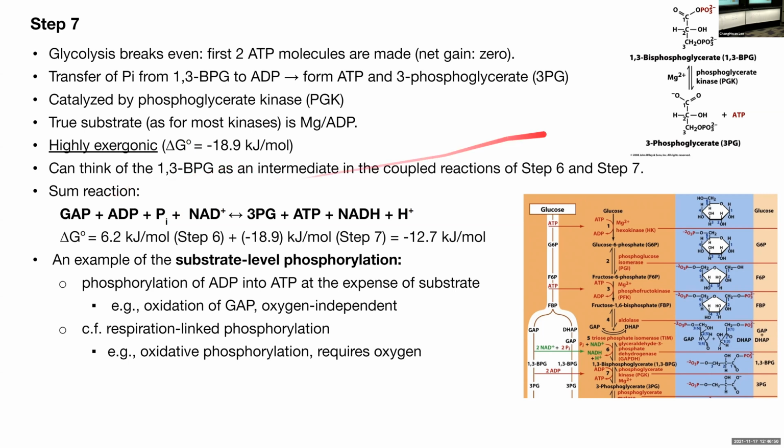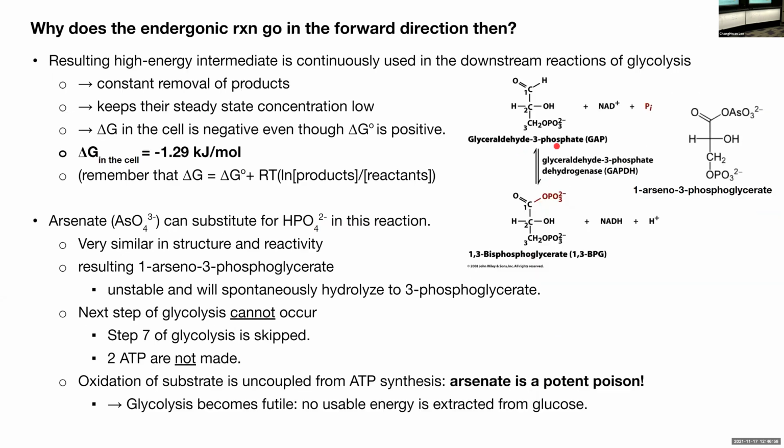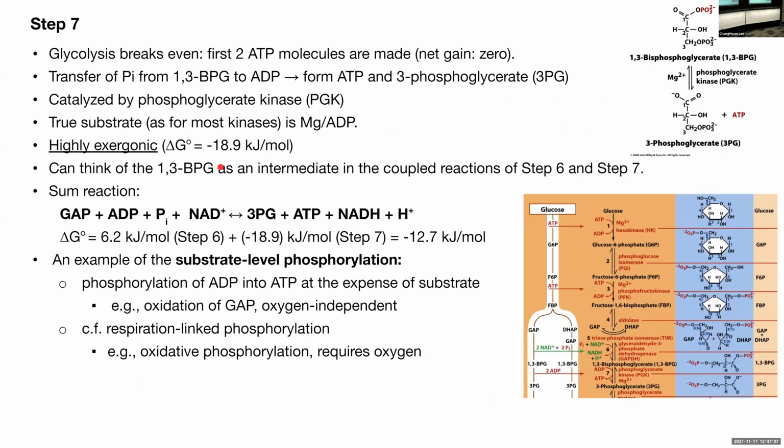And you can think of this 1,3-BPG as an intermediate between step 6 and step 7. Again, step 6 here, we talked about that in the cell, it's barely spontaneous, right? So it needs another process or reaction that is coupled to make this reaction go forward more readily.